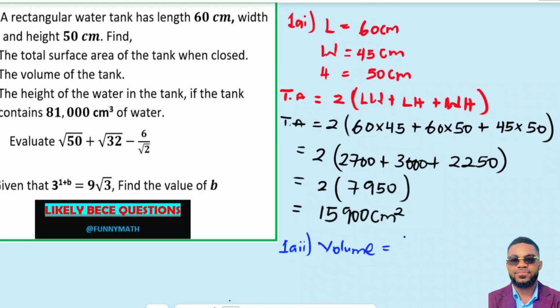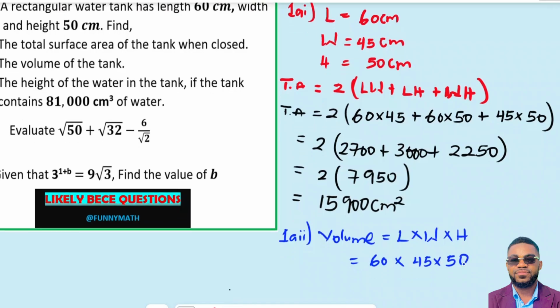So now, the volume of a rectangular tank, which is a cuboid, since I'm using these parameters, length, width, height, it's going to be the length times the width times the height. So that's going to be the volume of this rectangular tank. So we just have to do substitutions, and that's going to be 60 times 45 times 50.